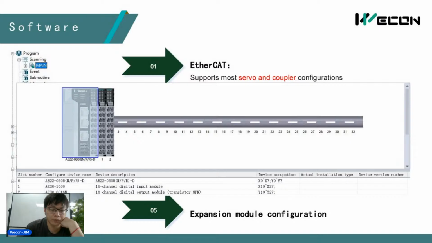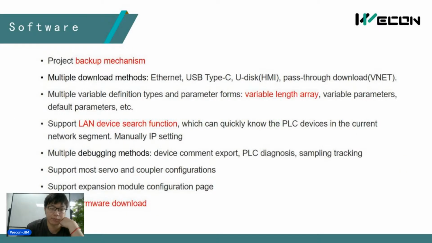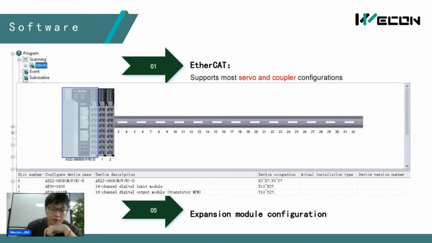And also, the number of expansion modules that can be connected to the PLC is 32. I will introduce it later. And this page is the module configuration interface in the software.